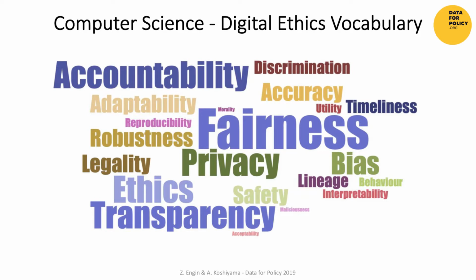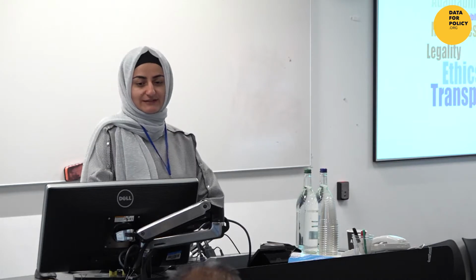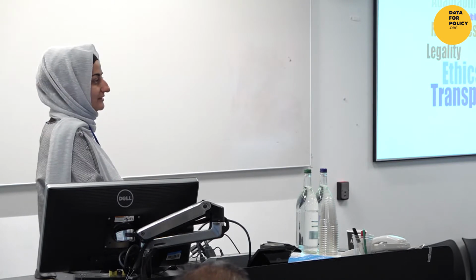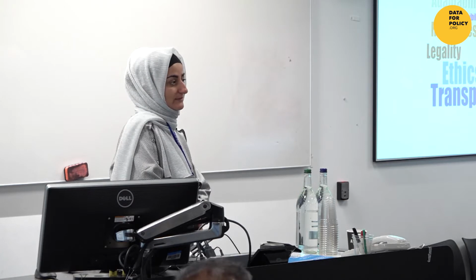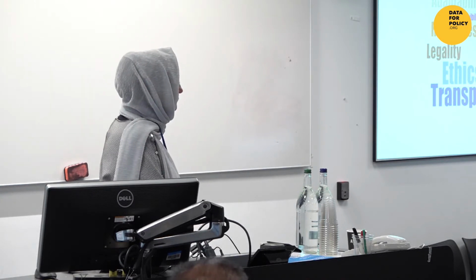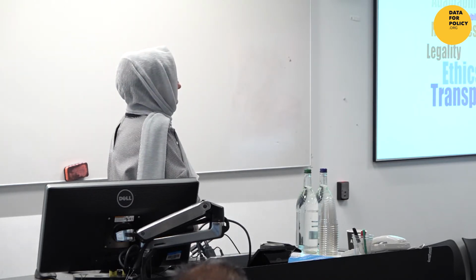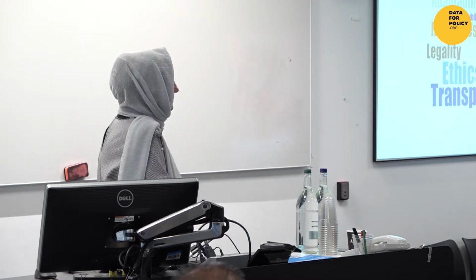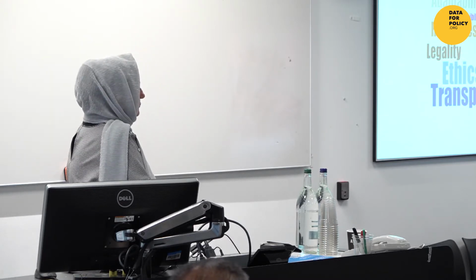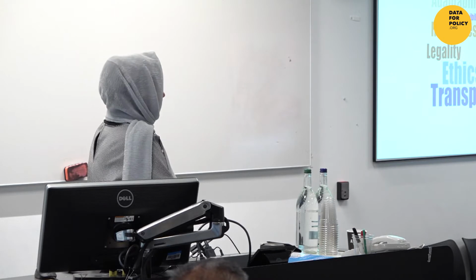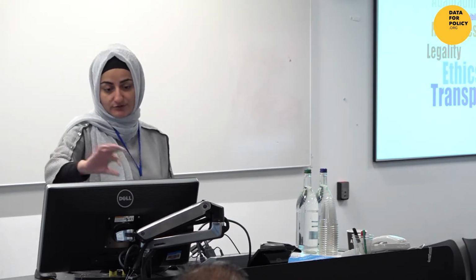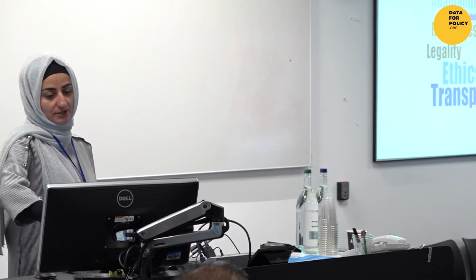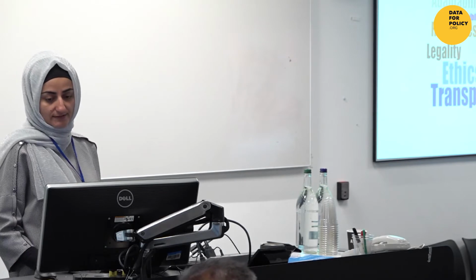In the computer science field, we have a growing vocabulary of very relevant terms, the most obvious ones being fairness, transparency, accountability. We have growing theories around robustness, reproducibility, legality, and safety is another obvious one. Interpretability of algorithms, etc., and some overlapping terms like bias, discrimination, and fairness.